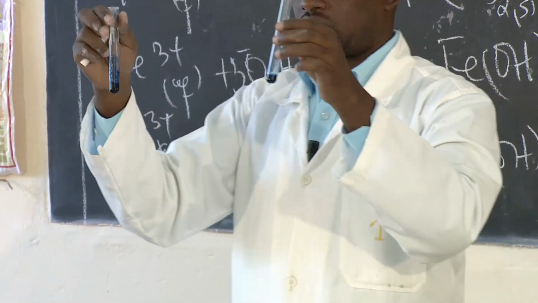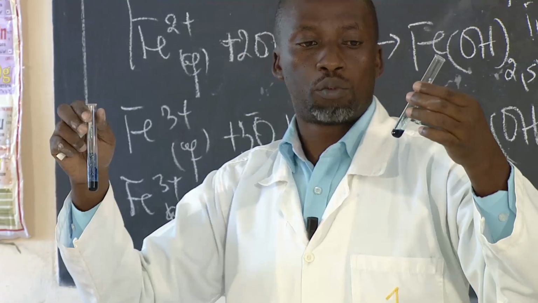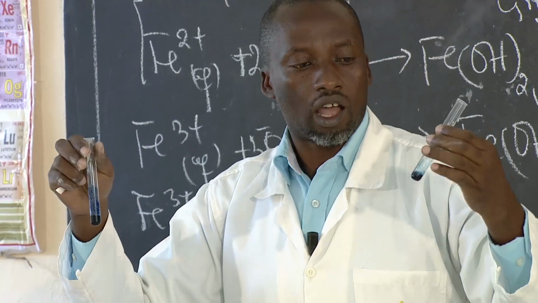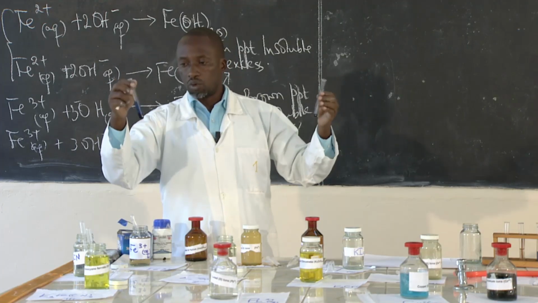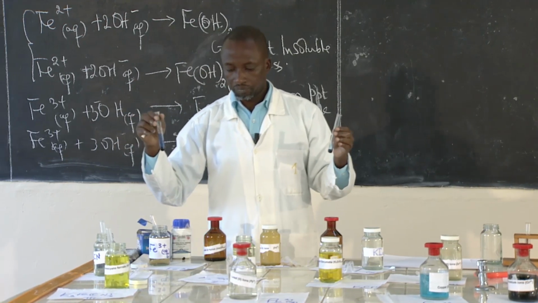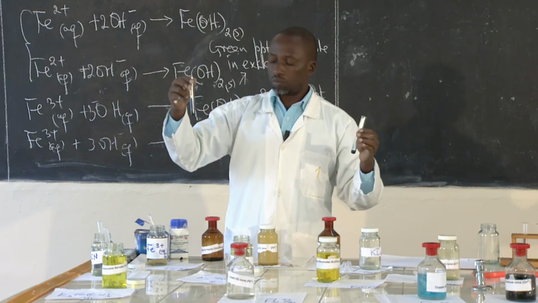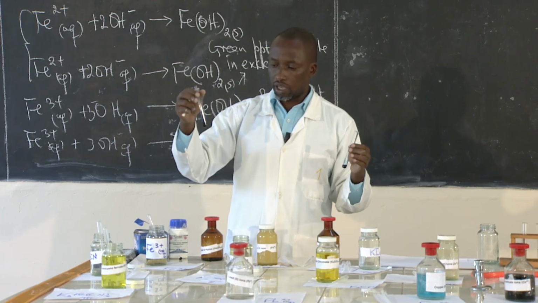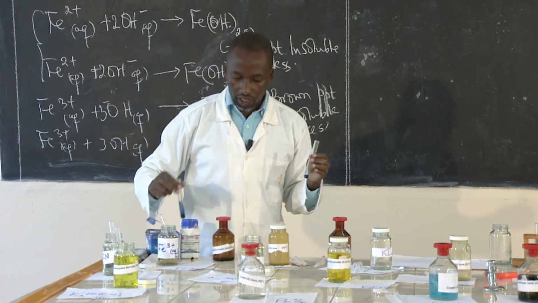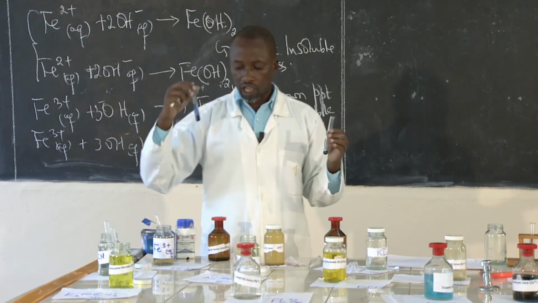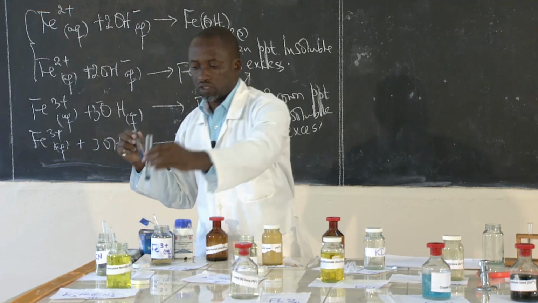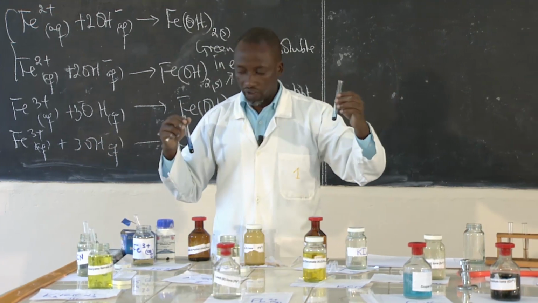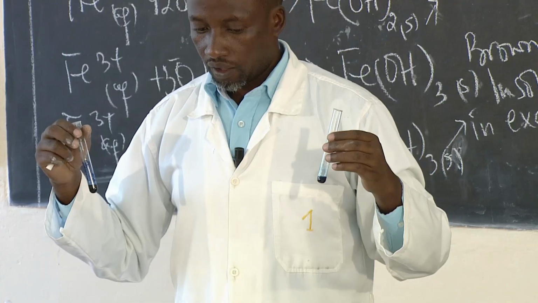This one is called Turnbull's blue or Prussian blue, but they are all the same. Iron 3 with hexacyanoferrate 2. Iron 2 with potassium hexacyanoferrate 3.